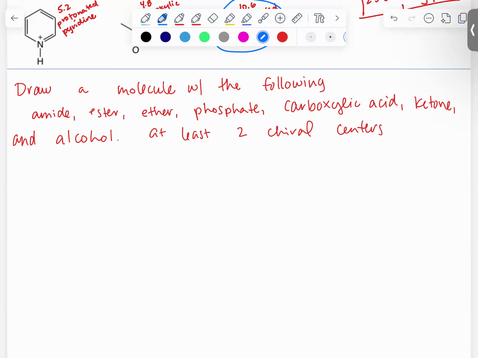It doesn't necessarily need to be isolated, but if I put an alcohol next to a ketone, I have now created a carboxylic acid.